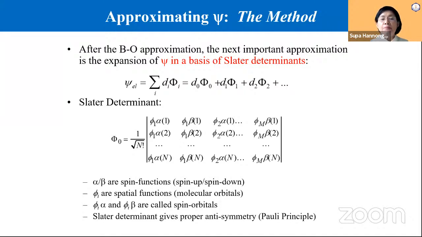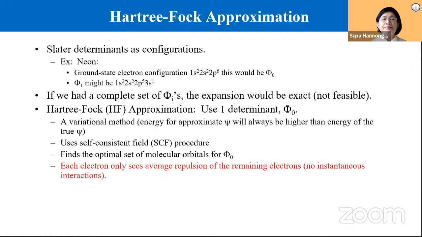Okay, and the wave function can have these properties only when it has the property called anti-symmetry. I just remind you a little bit about the fundamentals of quantum chemistry.